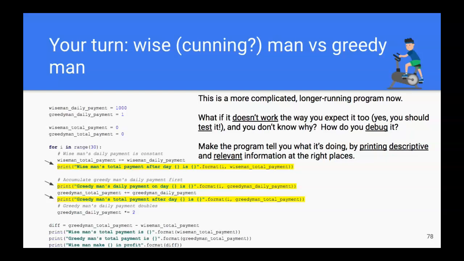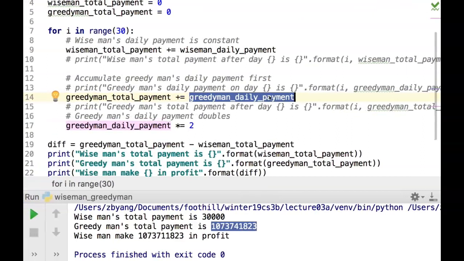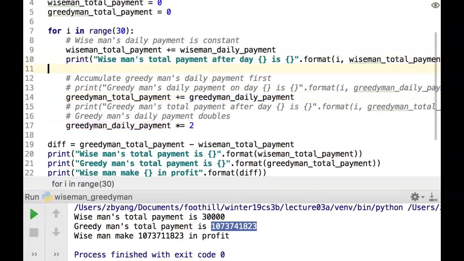What do we want to print? We want to print out something that is relevant and descriptive to tell us what happened at each step of the way, or in places that we suspect might have gone wrong. So for the example I'm giving here, let me uncomment this.